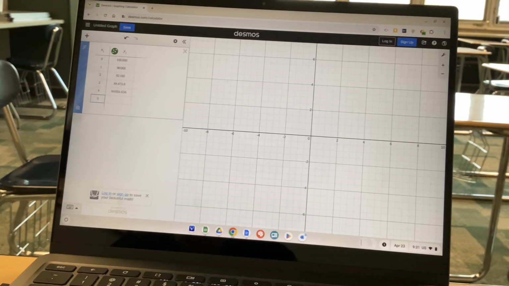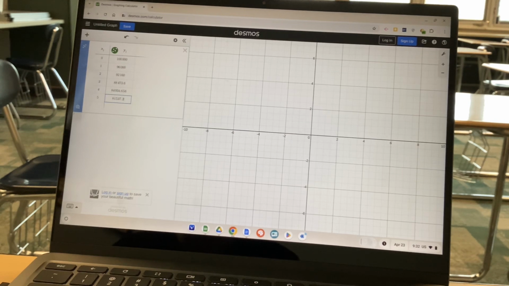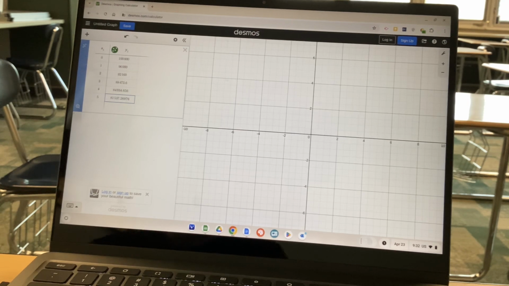That was supposed to be a 5. Okay, so there's our table.